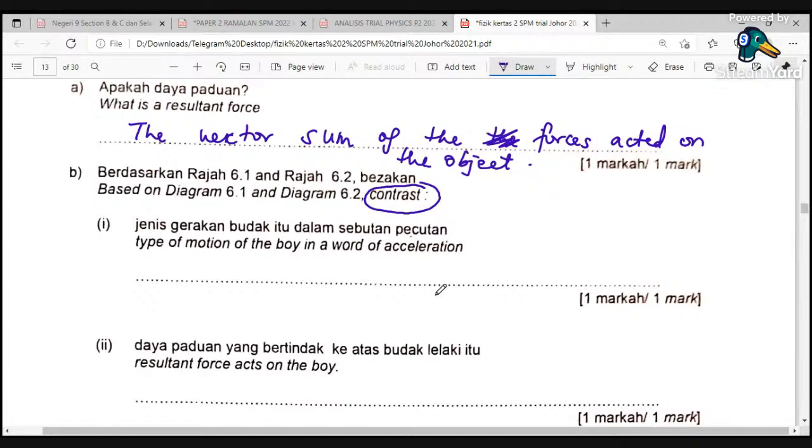Okay, type of motion, compare acceleration. Maksudnya nak you compare acceleration.